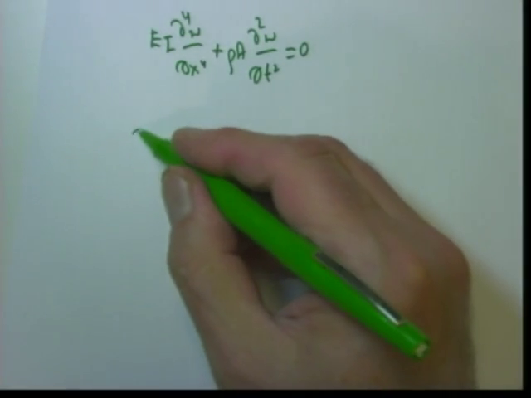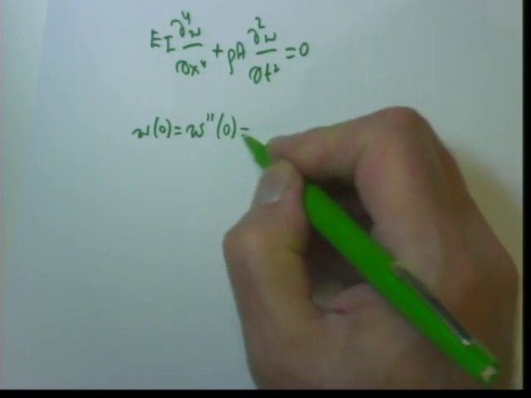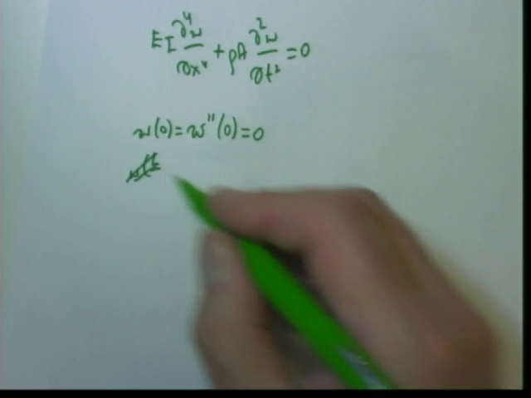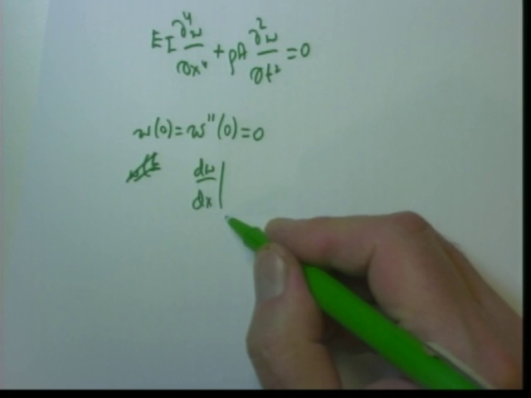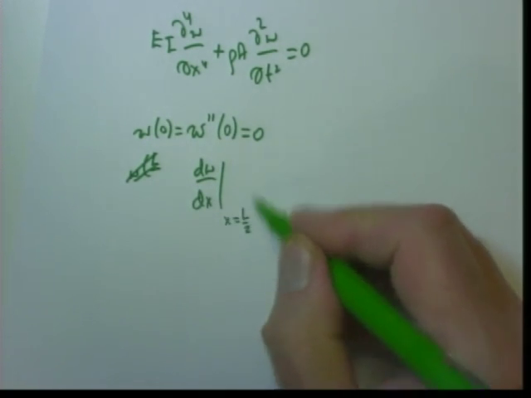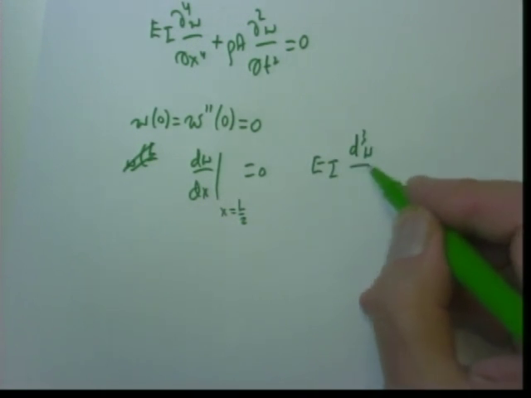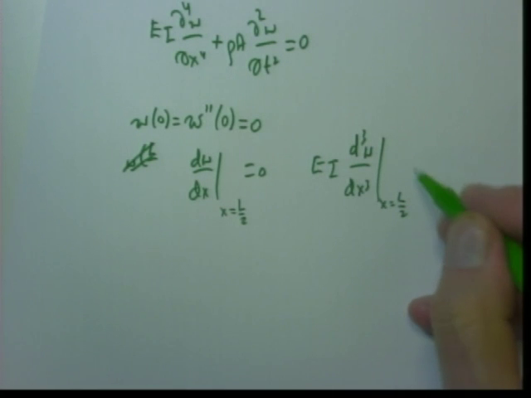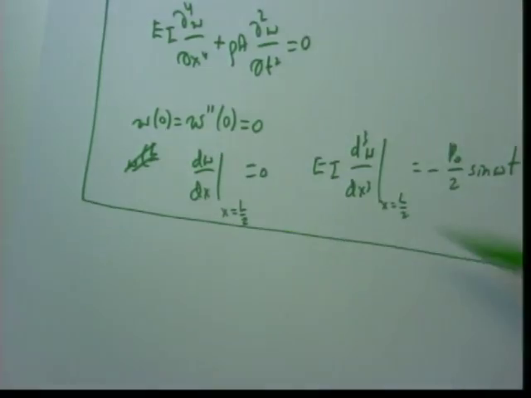Then boundary conditions: w at 0 equals the second derivative of w at 0 equals 0. Then dw/dx at x equals L over 2 equals 0. And then EI d3w/dx cubed at x equals L over 2 equals minus P sub 0 over 2 sine omega t. So this is my problem.